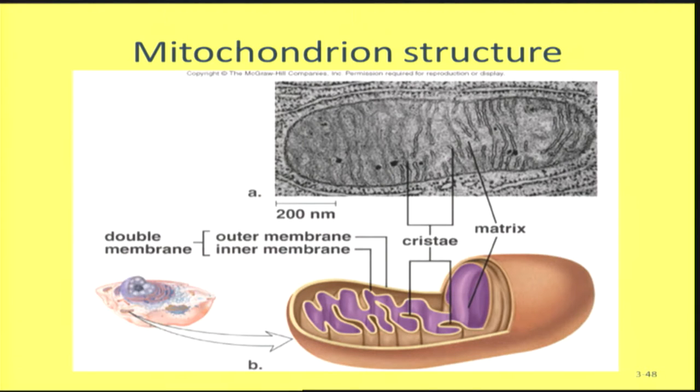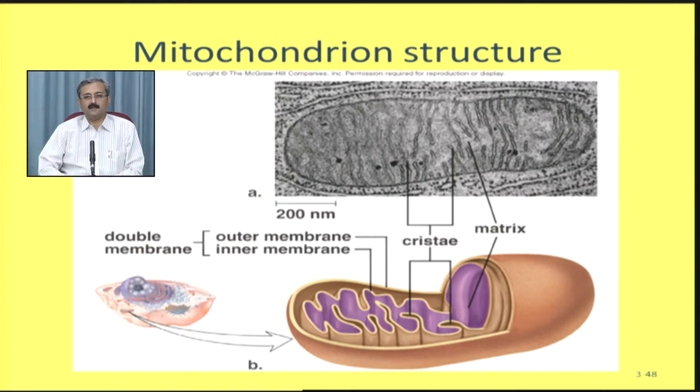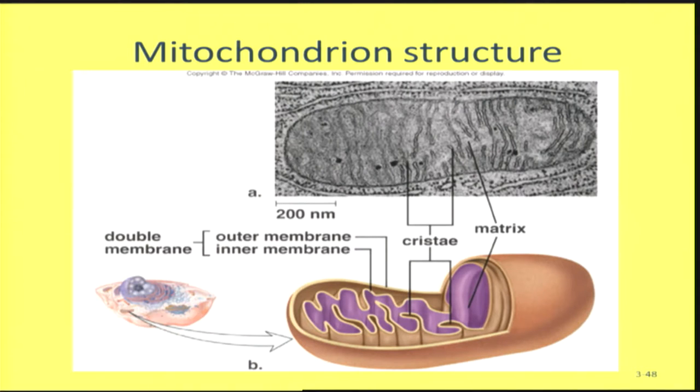This is the structure of the mitochondrion, with the matrix, cristae, outer membrane and inner membrane. It is a double membranous structure, just like the chloroplast.